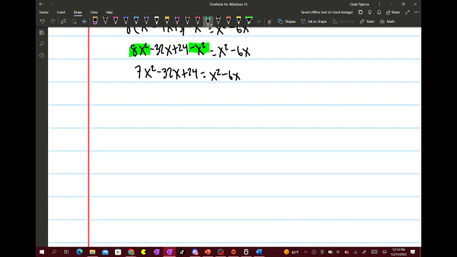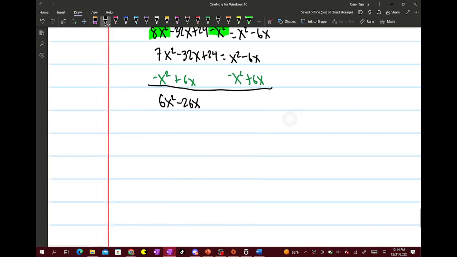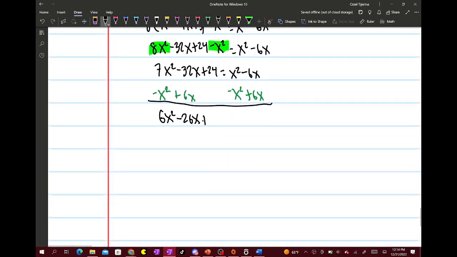Now, you're going to set this equal to 0. So then this would be 6x squared, and then negative 32 minus 6 is negative 26, so negative 26x, and then plus 24 is equal to 0.